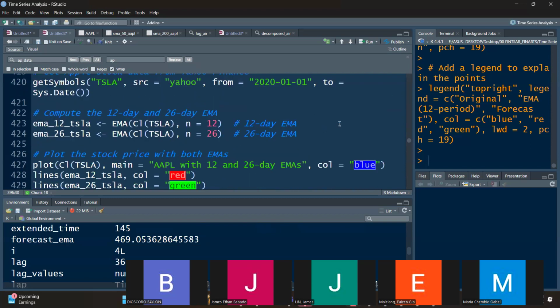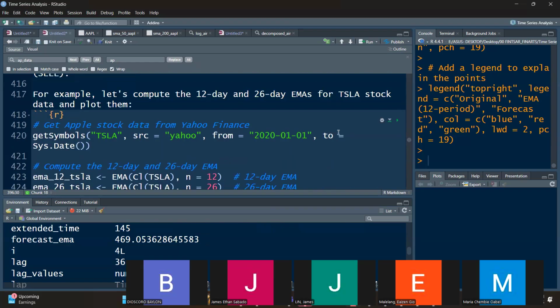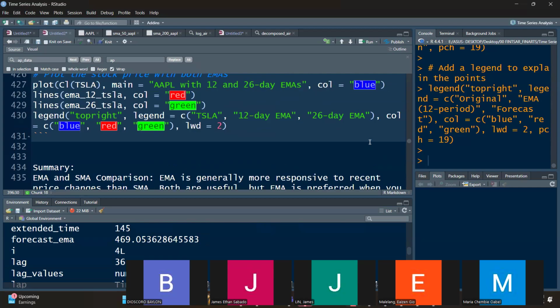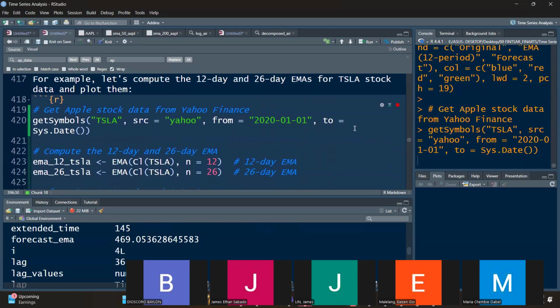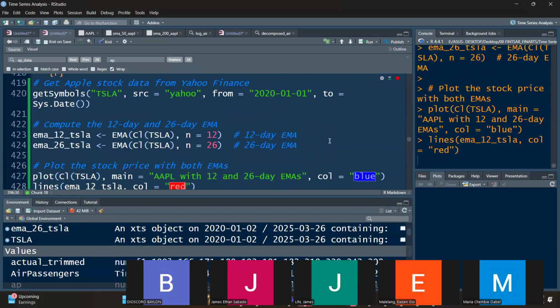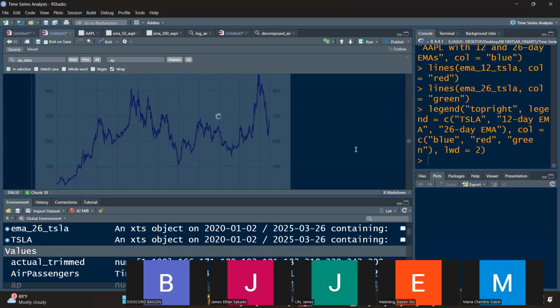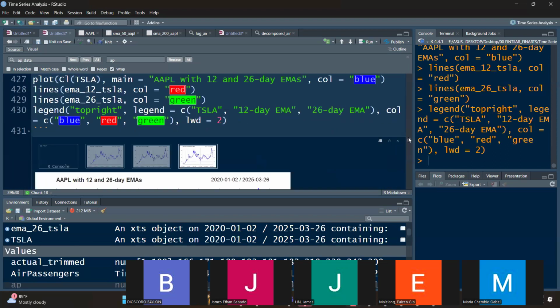Same thing as with SMA 12. EMA is also used for technical trading. Usually it's a 12-day and a 26-day. Same rule. We also plotted this before. We're using Tesla here, with EMA 12 and EMA 26.